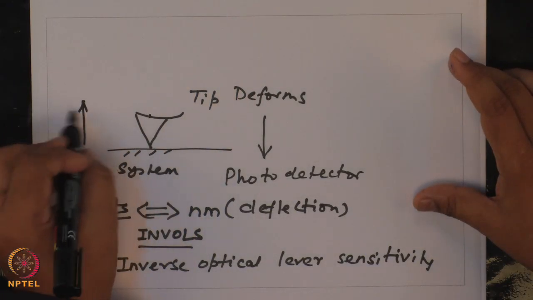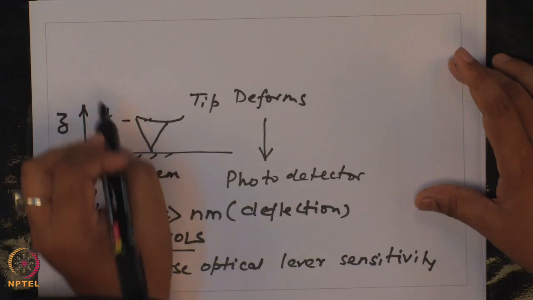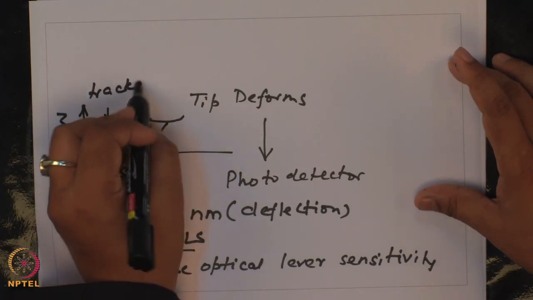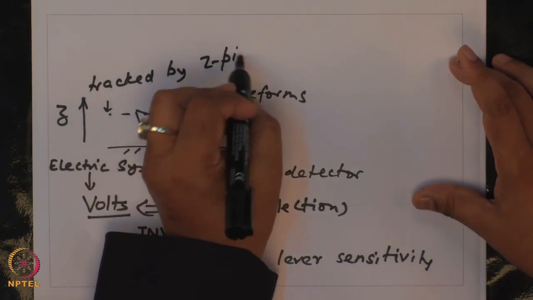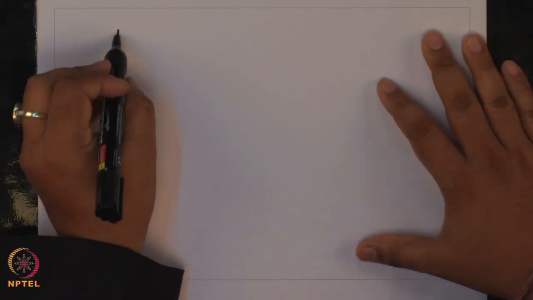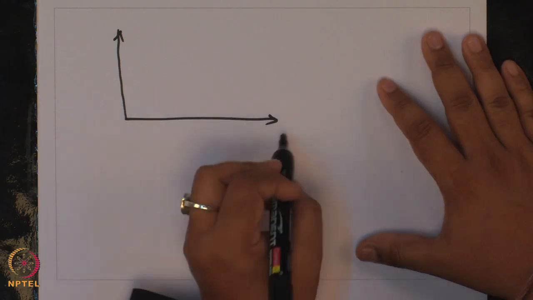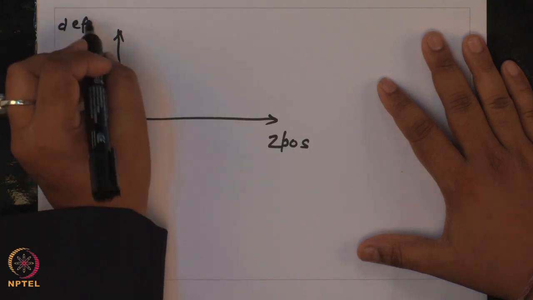So, you have this z axis. The z piezo will track this position. So, if I were to draw a complete cycle, let us say this is Z position and this is deflection.